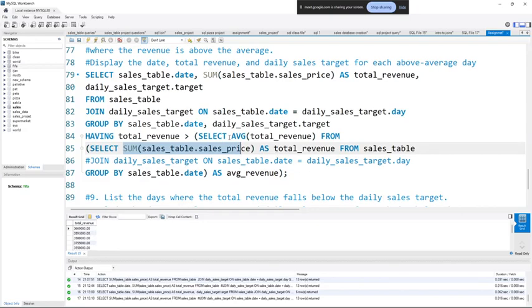So I now say select the average of those total revenue. From where am I taking it? You know, we don't have a table. We just have a select statement that can give us that. This is the select statement that gave us that answer. This is it. If you are confused, say something.